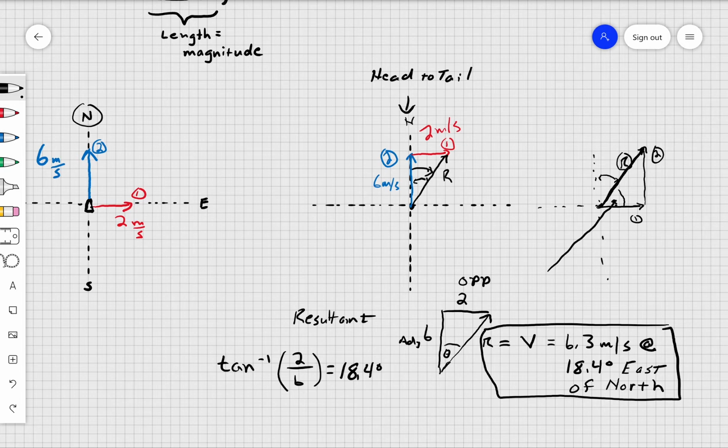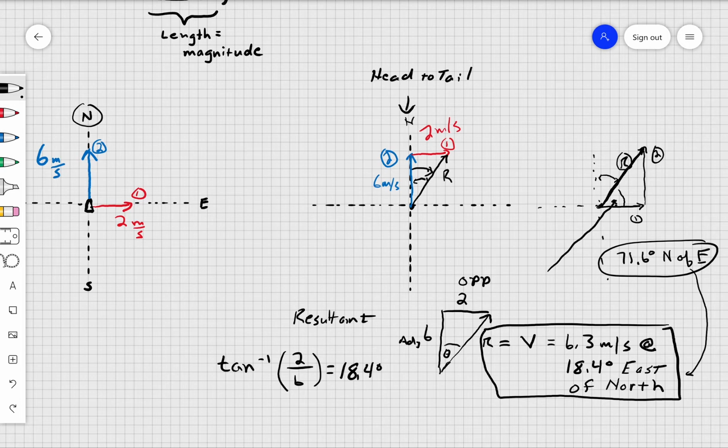We could have said 71.6 degrees north of east, that is the same direction as long as we state what is the angle and from which primary axis in which direction. Now later on we'll discuss other ways to express these angles, but for now let's state them in these terms.